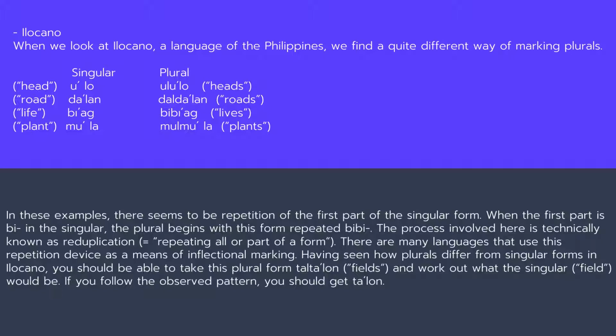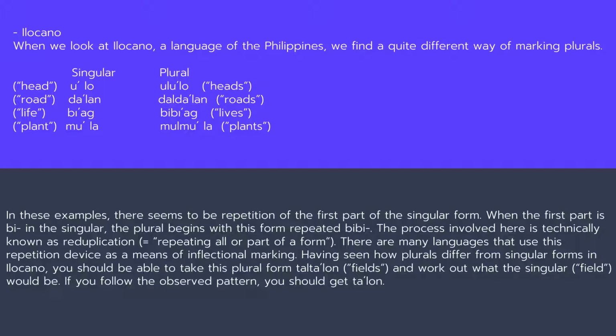In these examples, there seems to be repetition of the first part of the singular form. When the first part is, for example, bi in the singular, the plural begins with this form repeated. The process involved here is technically known as reduplication, repeating all or part of a form.